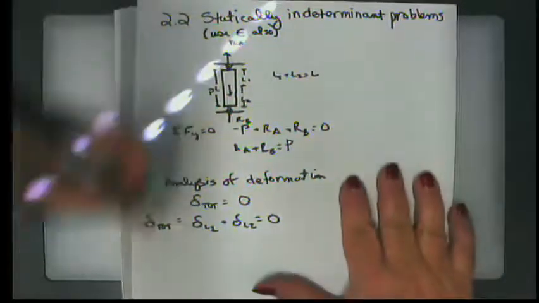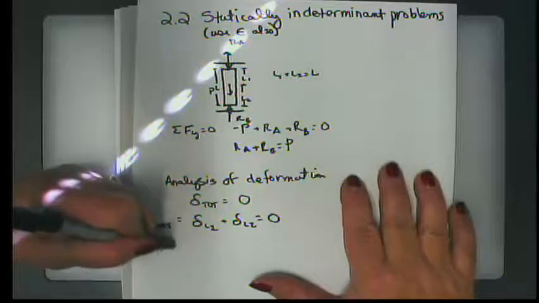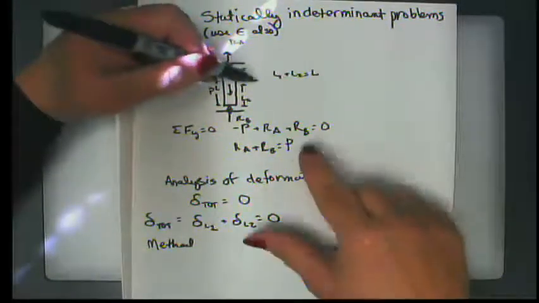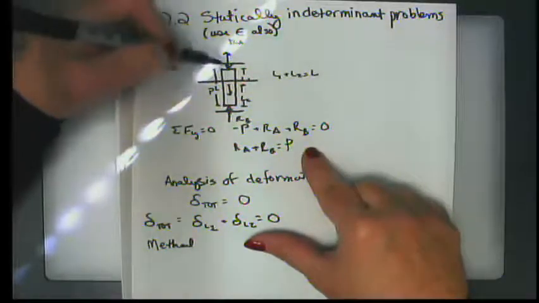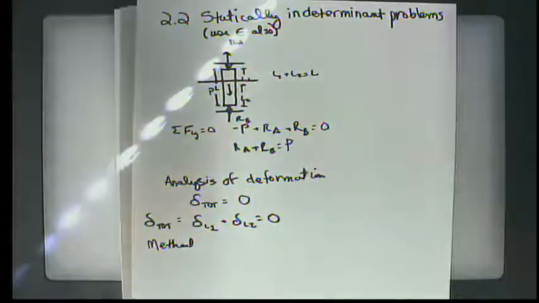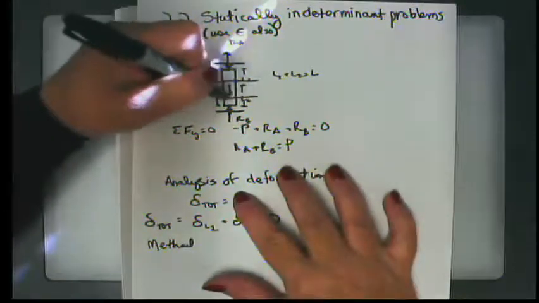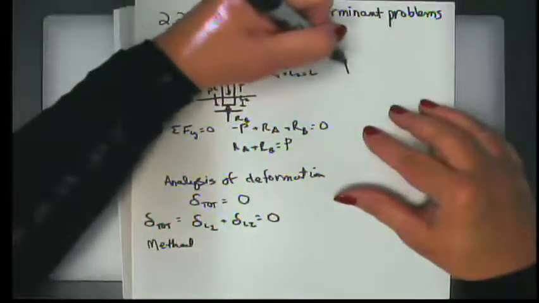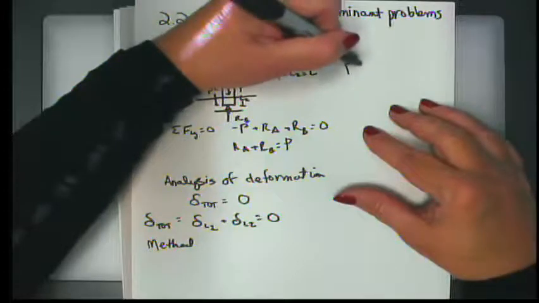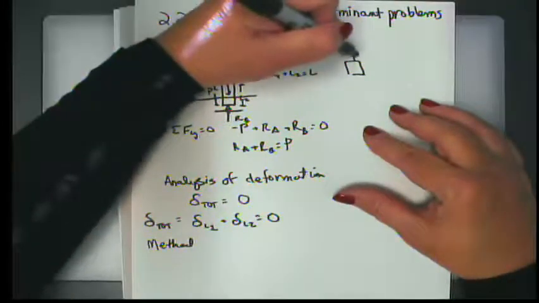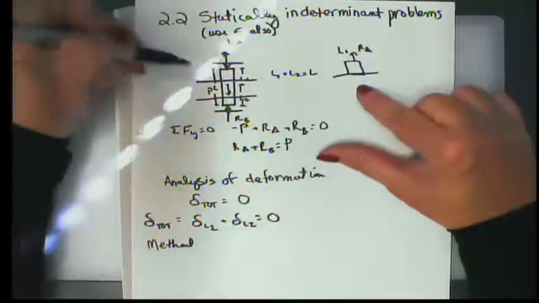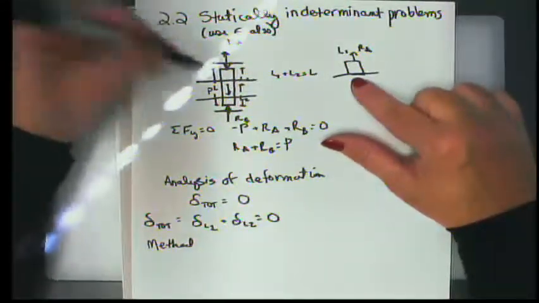So the method that we use is to once again do a cutaway where I cut here, and then I will cut again here. And what I can see is that on the top cut in L1, if this is the reaction at A, I want to be consistent with that.